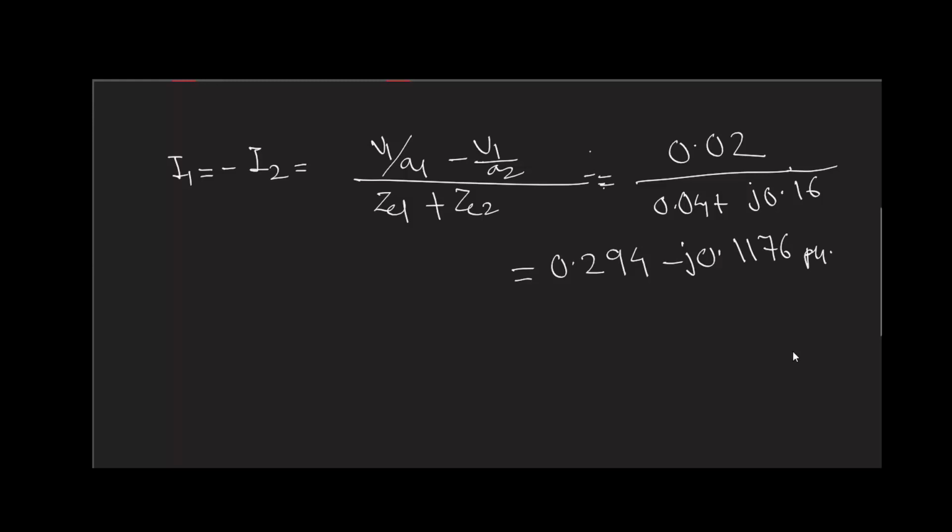Anyway, for your information, I can share the calculation method. If you consider the per unit impedance of the first transformer as your base value, if you consider 500 kVA and 500 volt as your base values, then obviously the first transformer is in direct form.